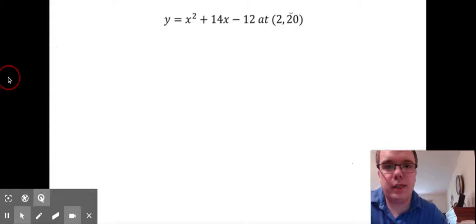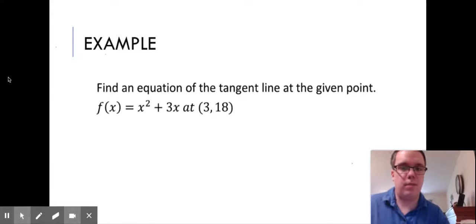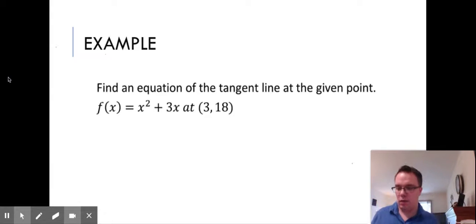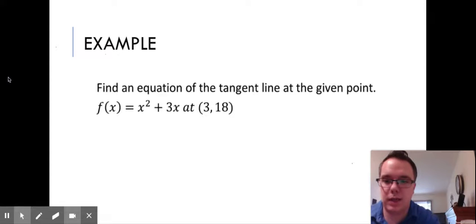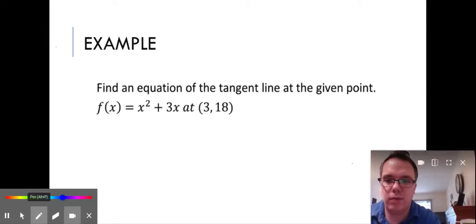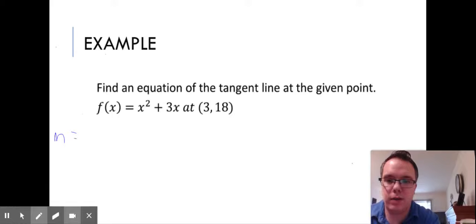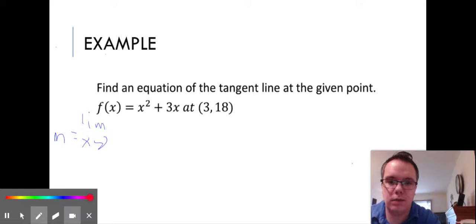All right, I have one more example for you, and then hopefully you will be ready to go. So our example is we're going to find the equation of the tangent line at the given point to f of x equals x squared plus 3x at (3, 18). So our first thing is to find our slope. And remember, to find our slope, we're going to take the limit as x goes to our x value, 3.